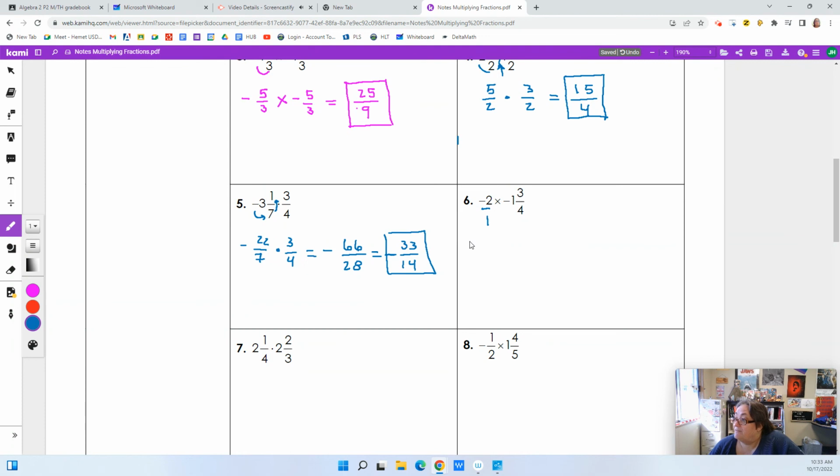So we're going to have negative 2 over 1 times, I'm writing it as a dot instead of an x. Negative 1 times 4 is negative 4 plus 3. 4 plus 3 is 7, so we're going to have negative 7 over 4. I can't write today. My writing's so sloppy today.